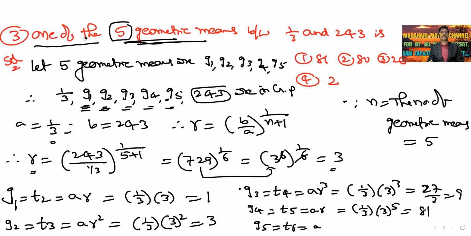T5 is equal to A into R to the power 5 minus 1, so G4 is equal to A R power 4. 1/3 into 3 to the power 4, 81 by 3 is equal to 27. G5 is A into R to the power 5. It will be 1/3 times 3 to the power 5, the 3 gets cancelled, it will be 81. So 81 is there. First option correct.